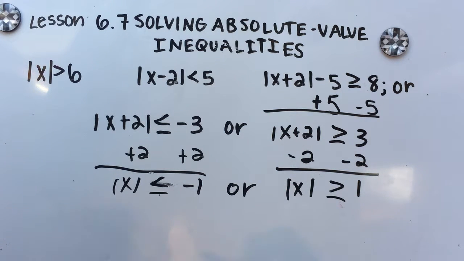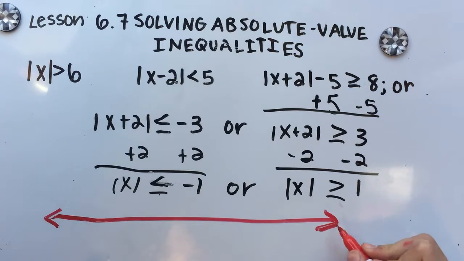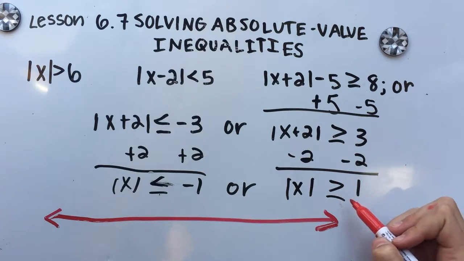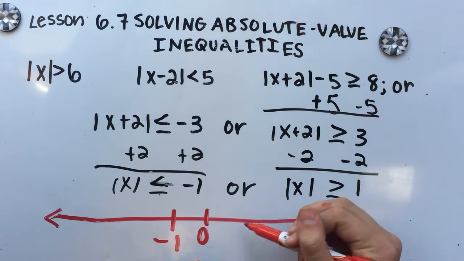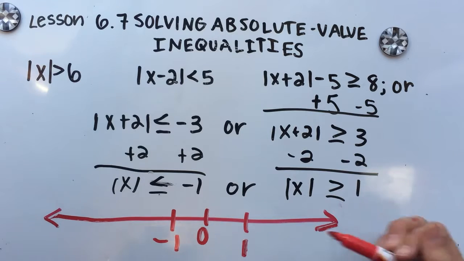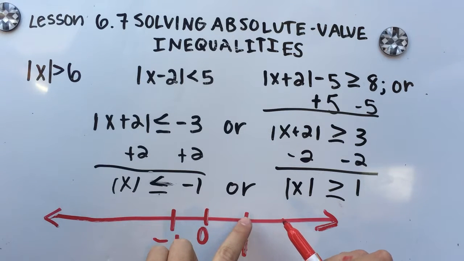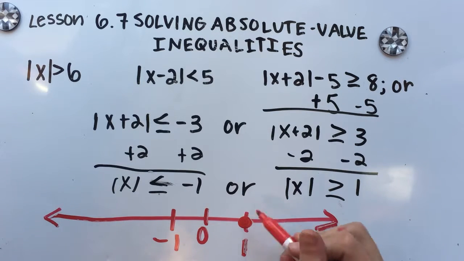So we can graph it now. We're going to graph the line, which would be 0, 1, and we have a line underneath the sign, so that means it's going to be a filled in point.